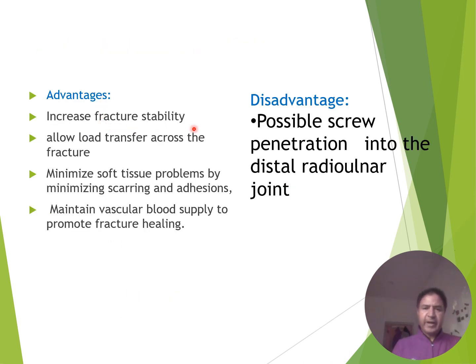Advantages: increased fracture stability, allows load transfer across the fracture, minimal soft tissue problems by minimizing scarring and adhesions, and maintains vascular blood supply to promote fracture healing. Disadvantage: possible screw penetration into the distal radioulnar joint.